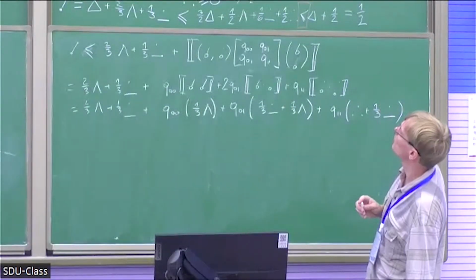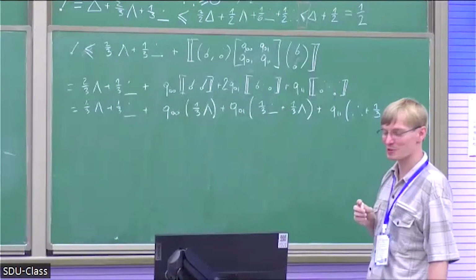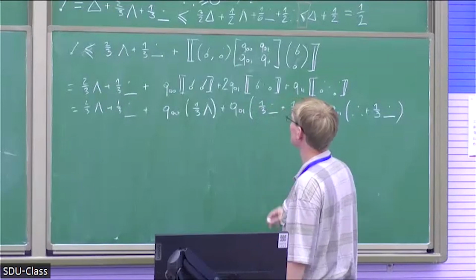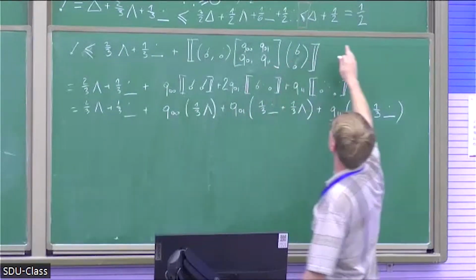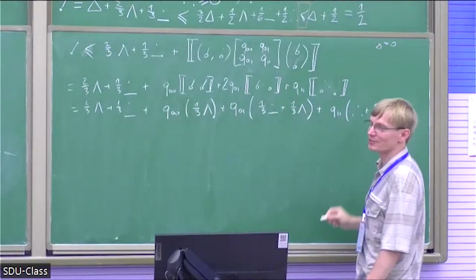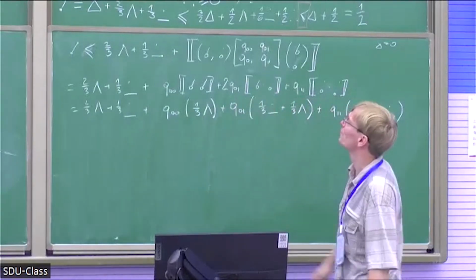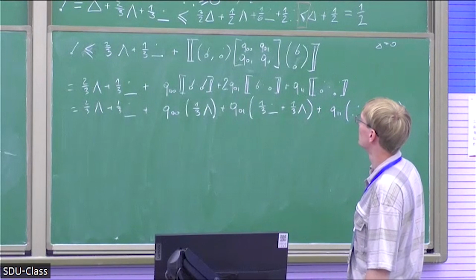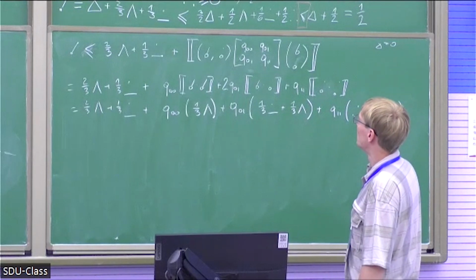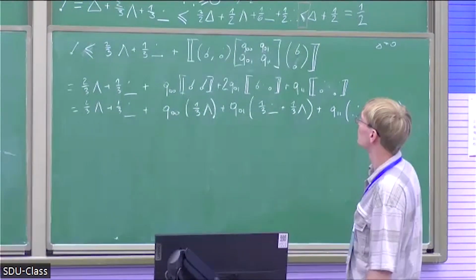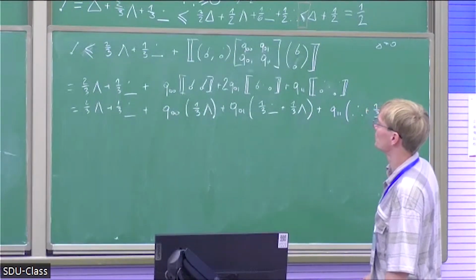I hope I haven't made any mistake. Somebody's checking. So I'm writing that triangle density is 0 because we are proving Mantel, so I'm already removing it. Yes, it seems everything is correct.